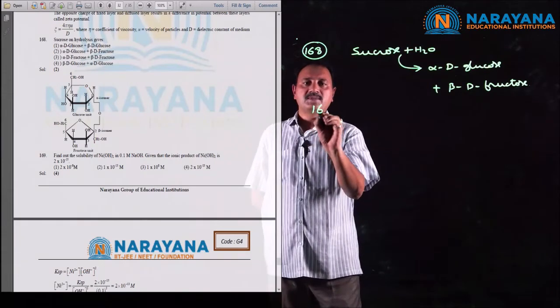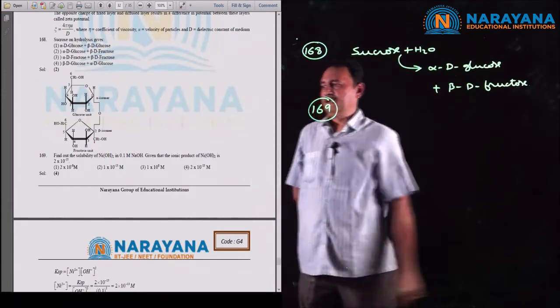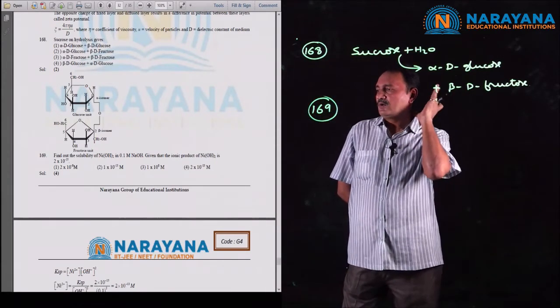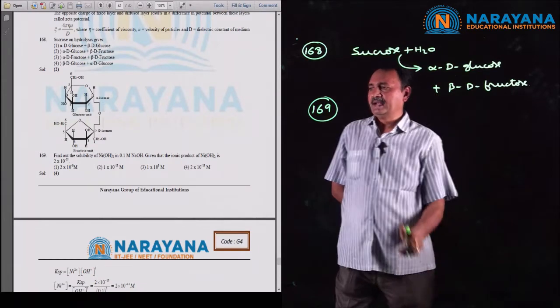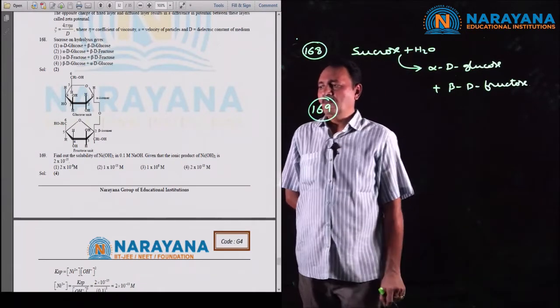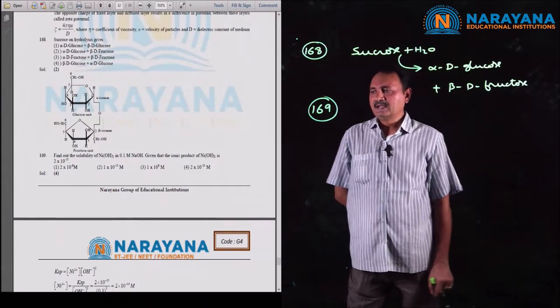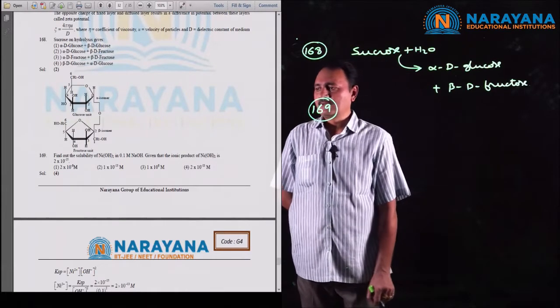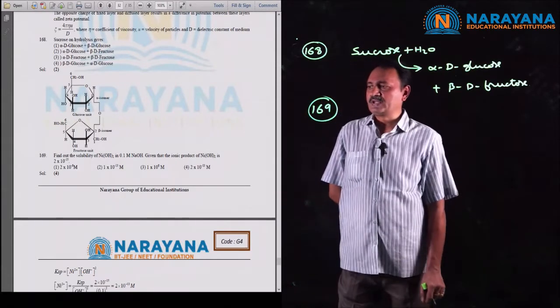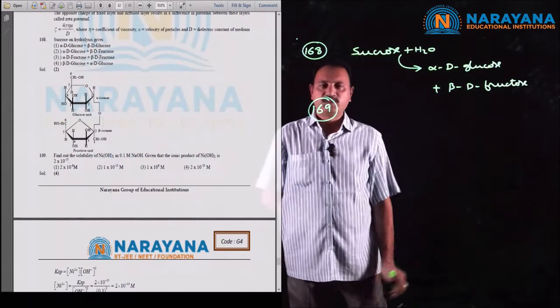Next, question number 169. Find out the solubility of nickel hydroxide in 0.1 molar NaOH solution. Given that the solubility product of nickel hydroxide is 2 into 10 power minus 15.